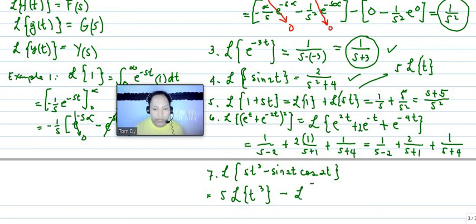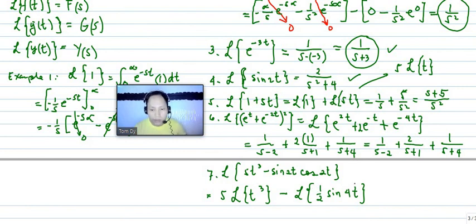This is a half angle identity, which is equivalent to 1/2 sine of 2t times 2, that is 4t. That is our trigonometric identity for sine 2t cosine 2t.